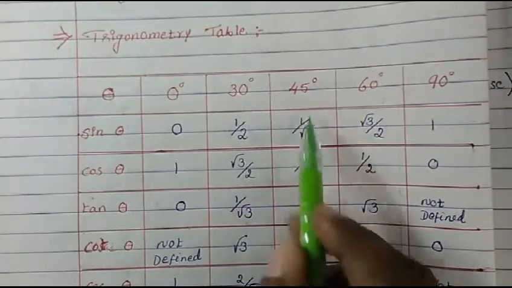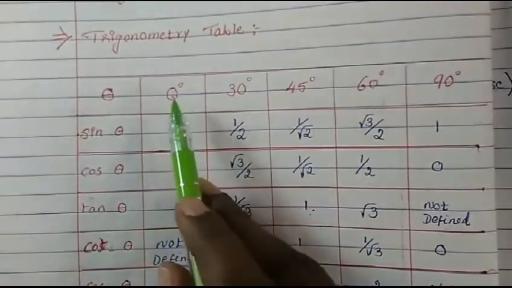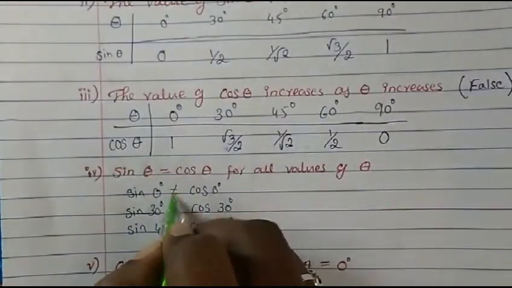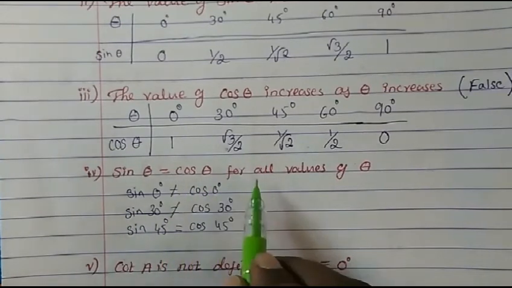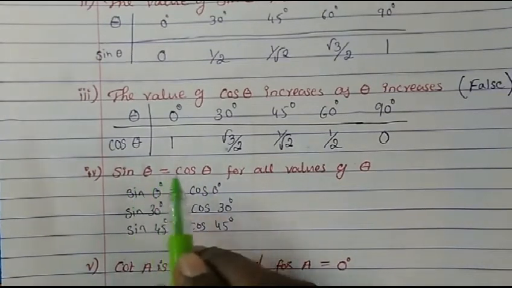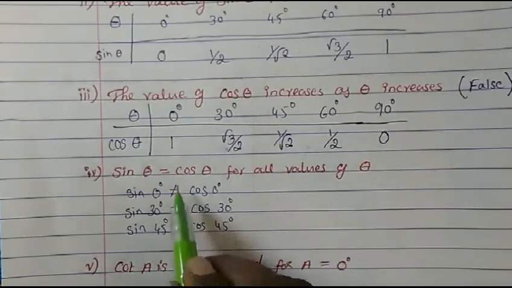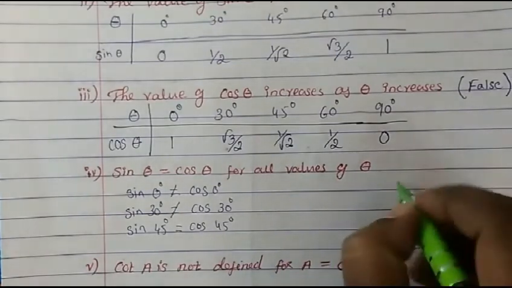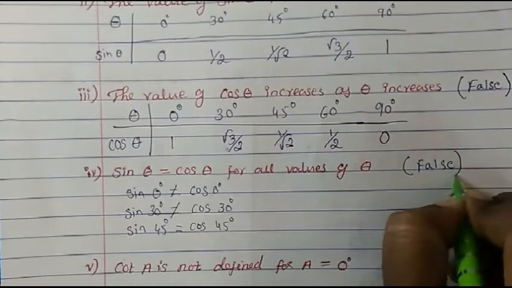So this is correct: sine 45 is equal to cos 45, whereas sine 0 is not equal to cos 0, and sine 30 is not equal to cos 30. So is sine theta equal to cos theta for all the values of theta? No, because we already saw these are not equal. So for all the values it is not equal. Therefore it is false.